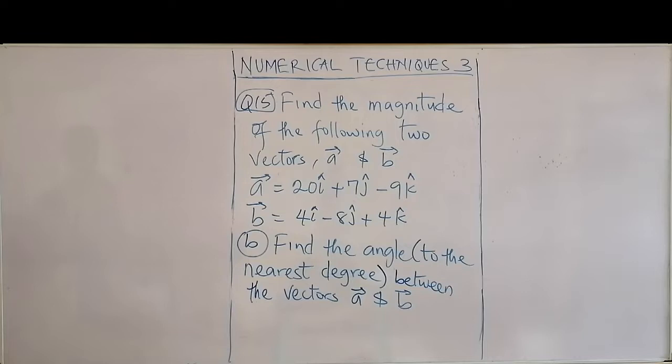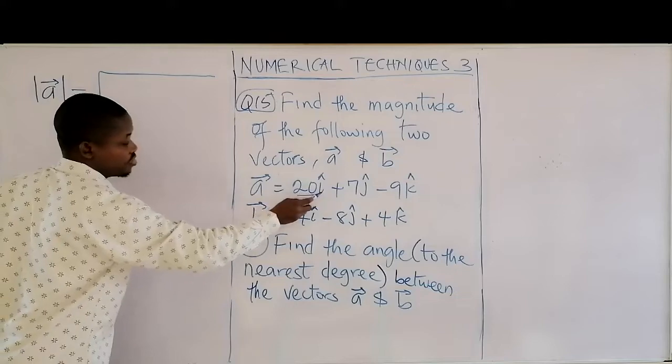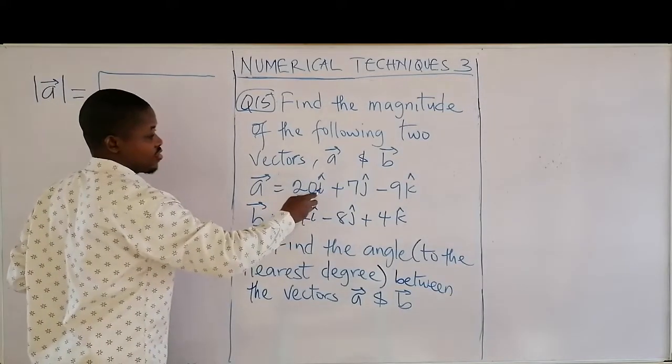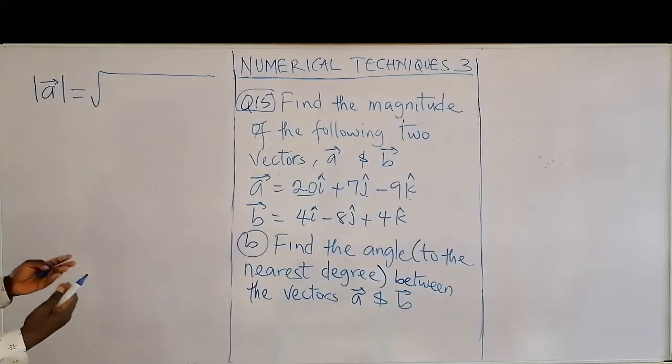If you want to find the magnitude of a vector, it's very simple. The magnitude of a vector has this symbol. Just put a line across that vector, equal to square root. And then you begin to write: take the square of the coefficient of those unit vectors, your i, j, k, we call them unit vectors.